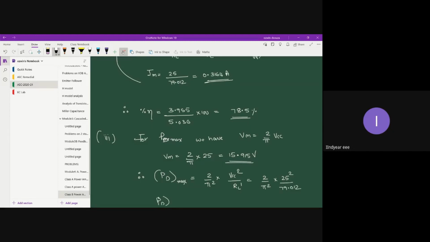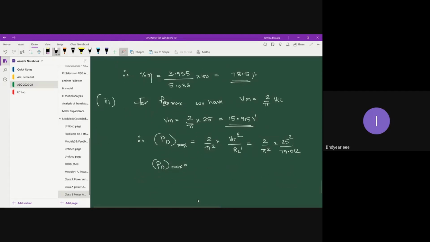So PD max is equal to 2 into 25 square divided by pi square, so that's 1.603.